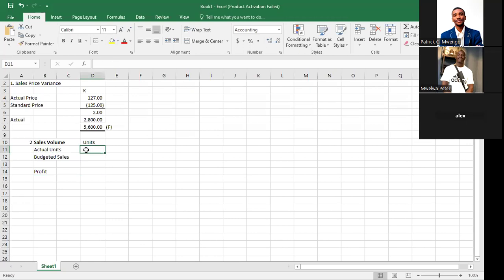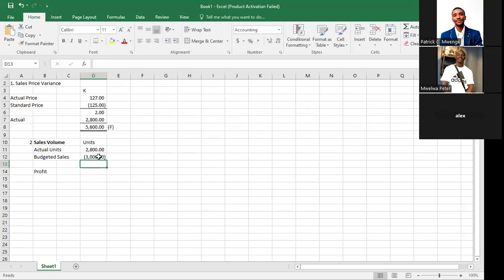So what were the actual units that were sold? We know the actual units that were sold are 2,800, right? And the budgeted sales were 3,000. So these are the units that we budgeted to sell. Now we need to match these two to find the difference. It's going to give us a variance, which is in brackets, signifying that this variance is an adverse variance.